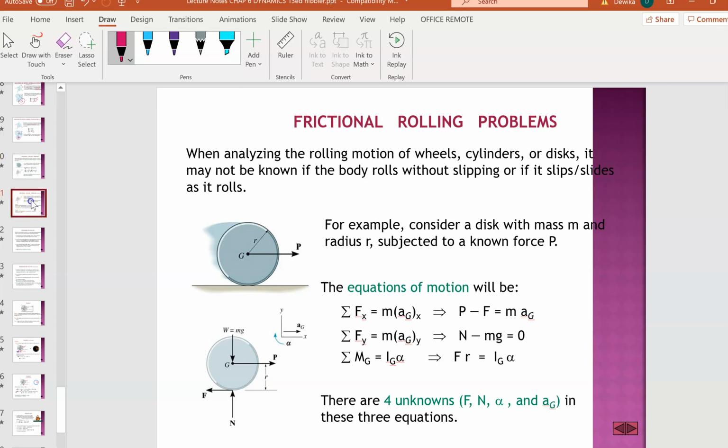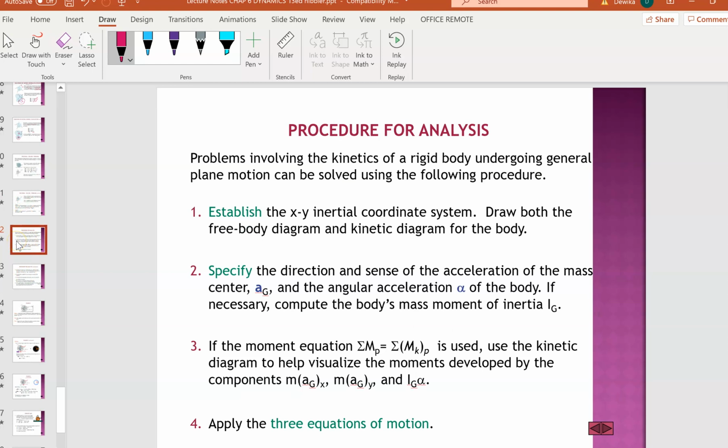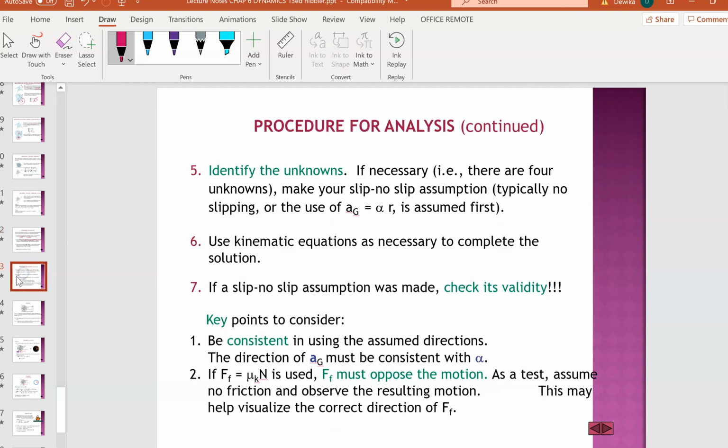We will just go to the procedure for analysis. Establish xy, and then you specify the direction and sense of acceleration. You have to draw the free body diagram, don't forget. Then only you specify, then you solve for the force and moment equations.